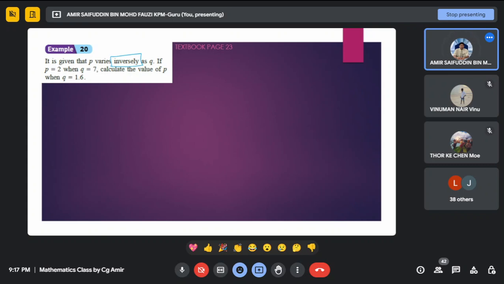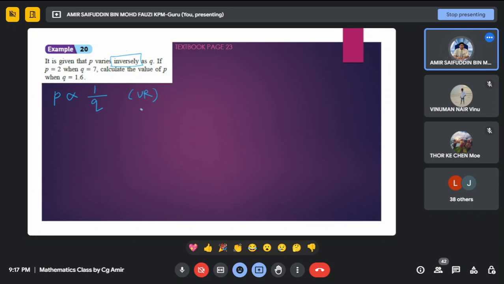So it is given that P varies inversely as Q. Start with P, put a variation symbol, inversely, 1 over Q. So this is the variation relation: P varies inversely as Q, 1 over Q.